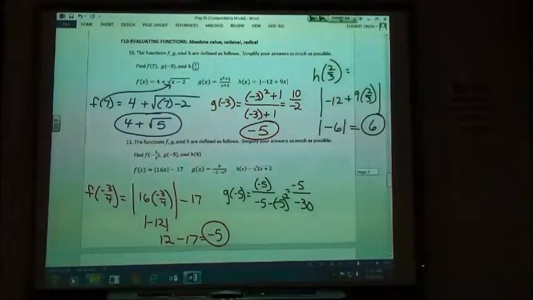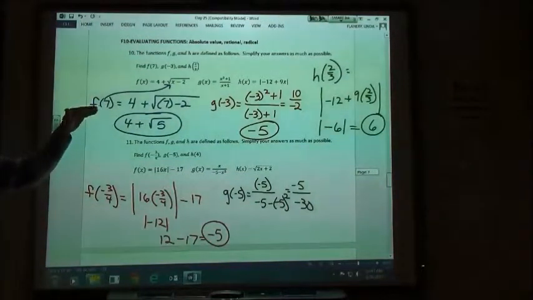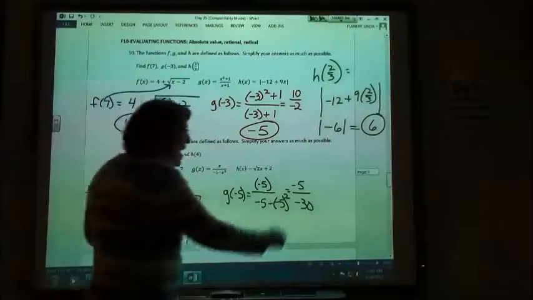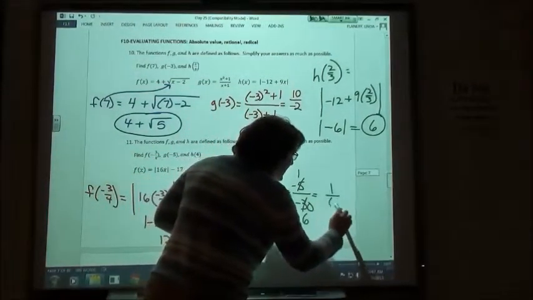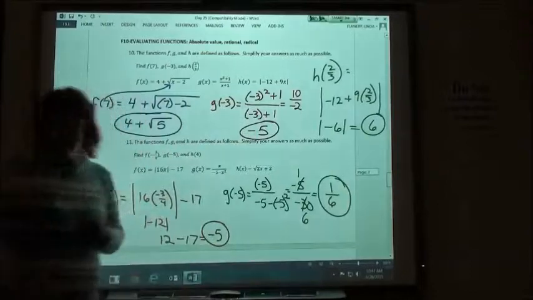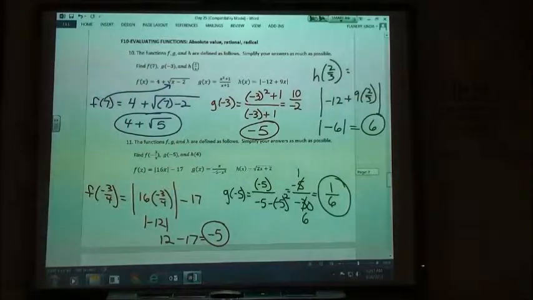If I reduce this down, it's 1/6. If it was 30 over 5, then we would have 6, but it's 5 over 30. So 1/6.